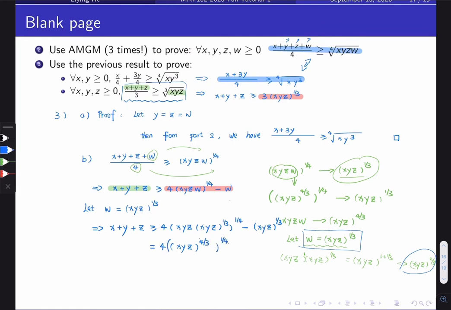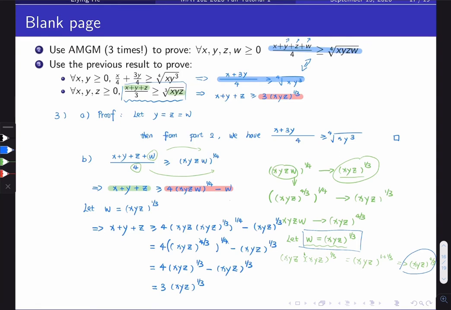So the 4 and 4 cancel out. This will give you 1 over 3. So this will give you 4 times (xyz) to the power of 1 over 3 minus (xyz) to the power of 1 over 3, which will give you 3 times (xyz) to the power of 1 over 3.